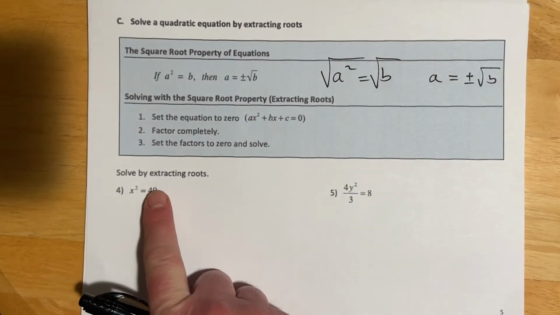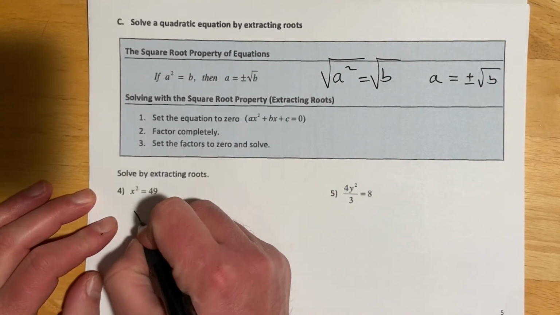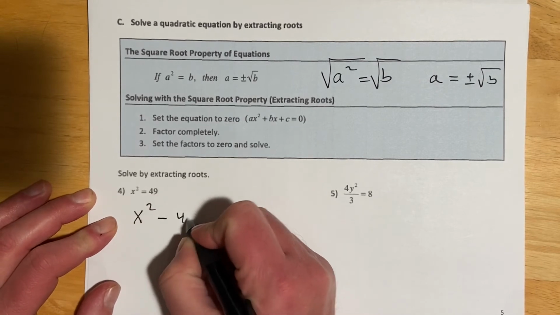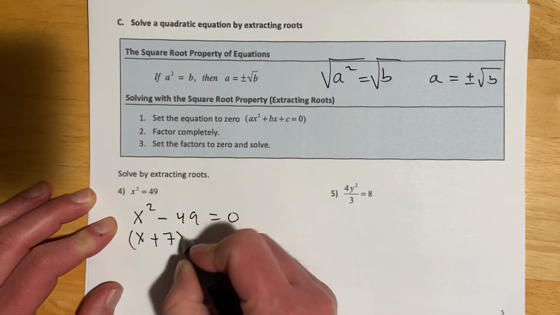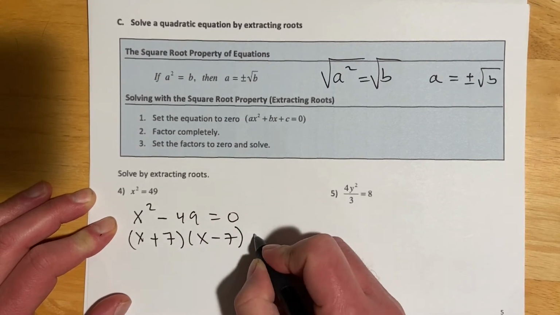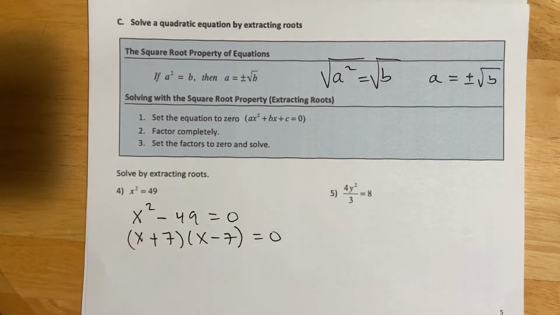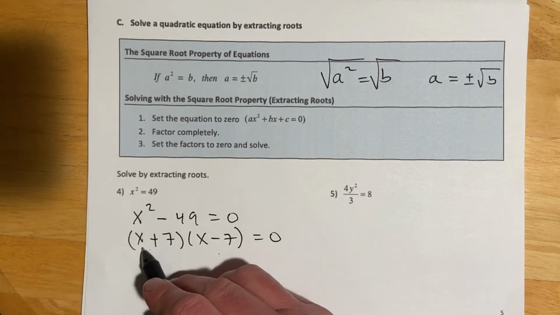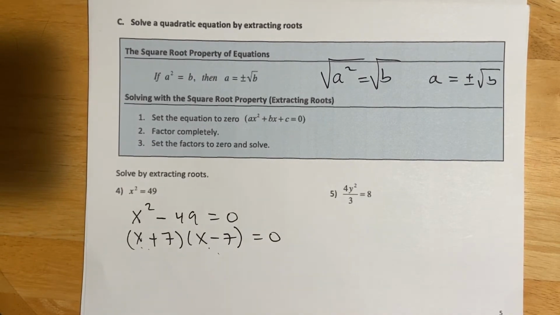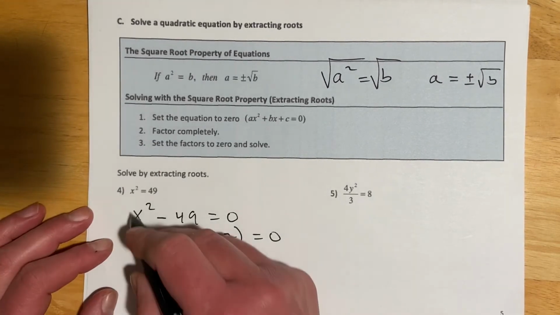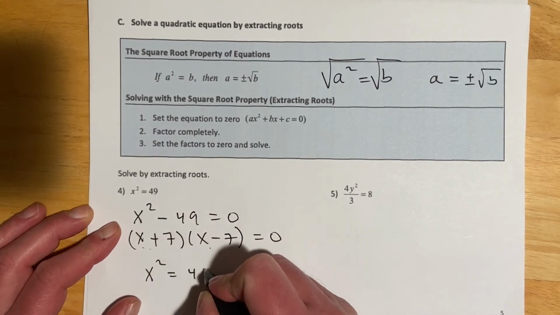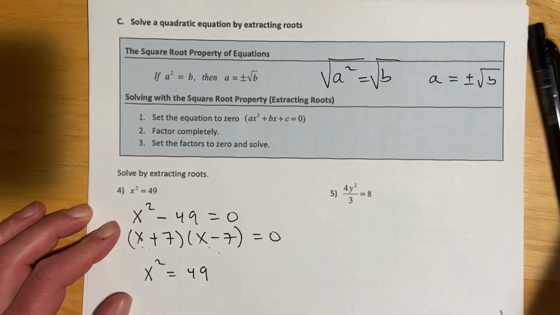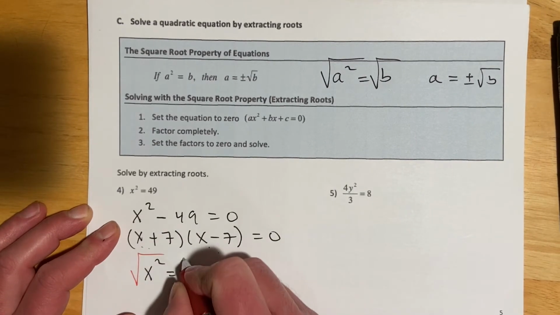So this first one here, x squared equals 49. Let me remind you that if I factor this, I would get x plus 7 and x minus 7. And this should have two answers because I have two x's. So if I do this by extracting roots, I'm going to have square root on both sides.